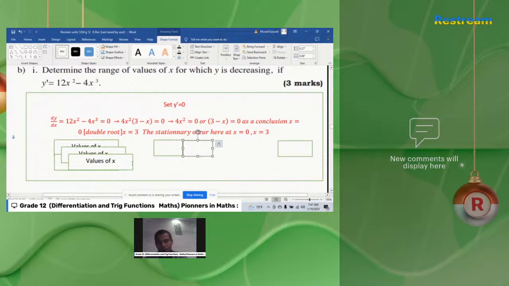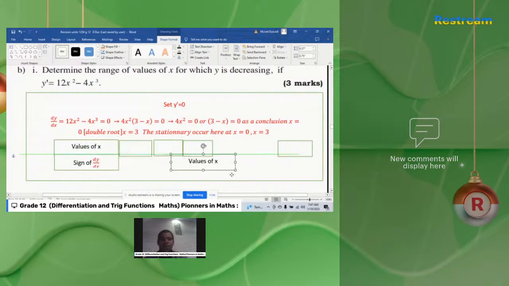This should also be erased. I'll put it here. This is the table of values.